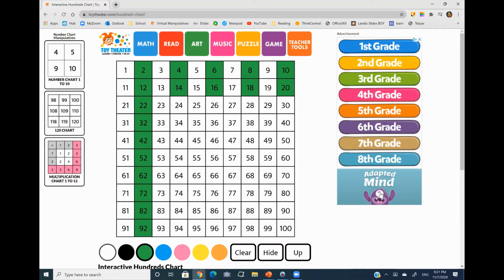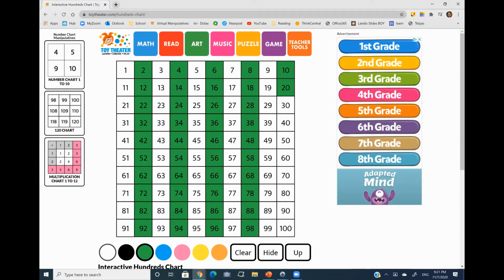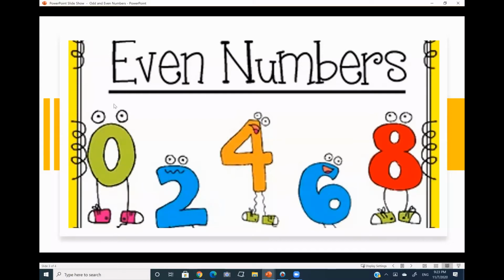I mean, even numbers. All the numbers finishing in 4 are multiples of 2. Therefore, they are even numbers, the same as all the numbers that finish in 6, in 8, and in 0. We can tell now that all even numbers finish in 0, 2, 4, 6, or the number 8.